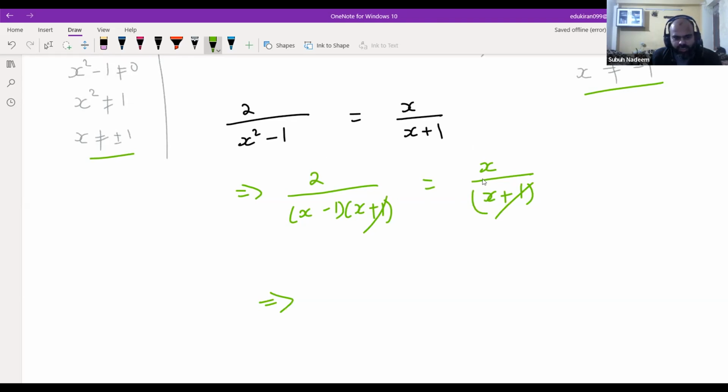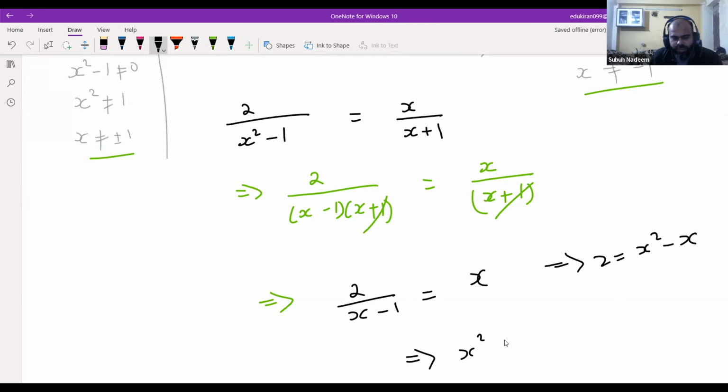But keep in mind that we are cancelling it because x is not equal to minus 1. So this will become 2 by x minus 1 is equal to x. Now we will cross multiply. So 2 is equal to x square minus x, so x square minus x minus 2 is equal to 0.